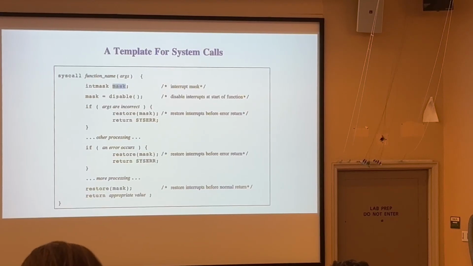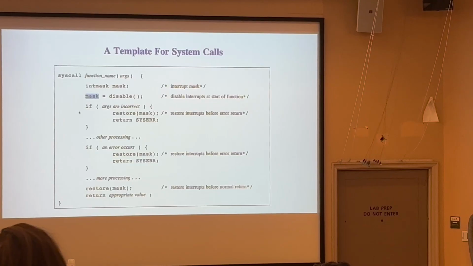You have a mask; the system calls, including reset and suspension, are all implemented like this. You disable the interrupts, and you store the previous interrupt flag in this mask. Then after executing the system call, at the end you restore the previous interrupt flag using this mask, and then you return from the system call.